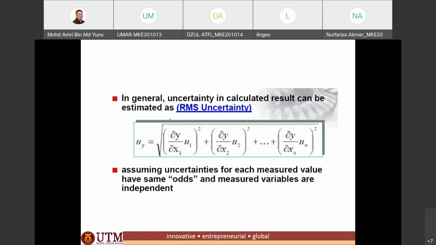Or the uncertainty is calculated as RMS uncertainty. Okay, so we look into an example here.